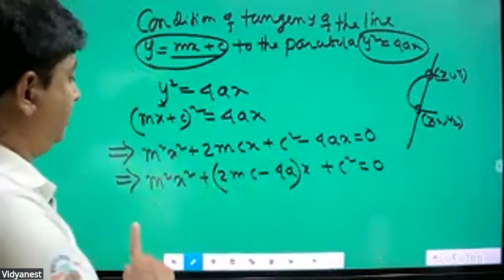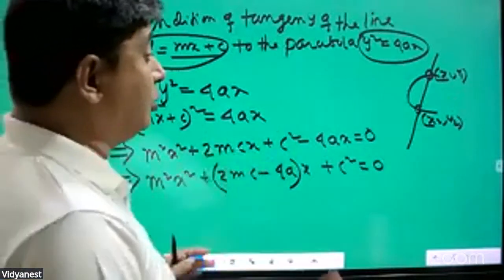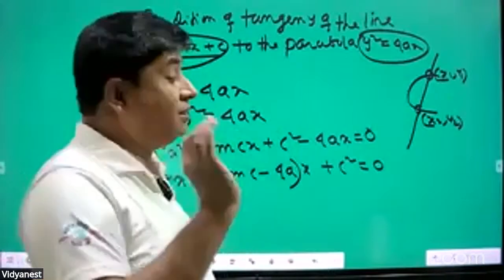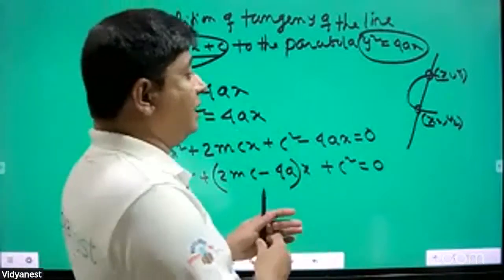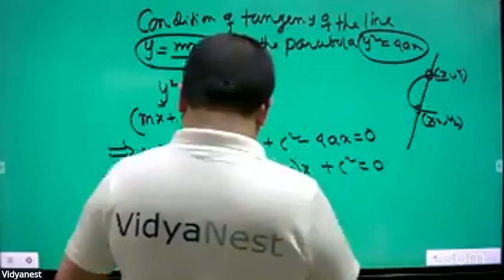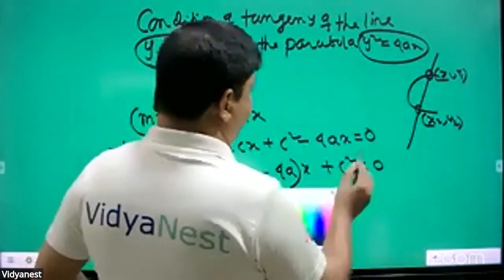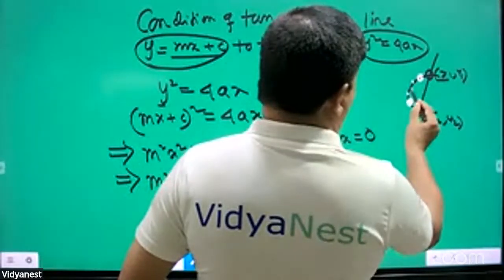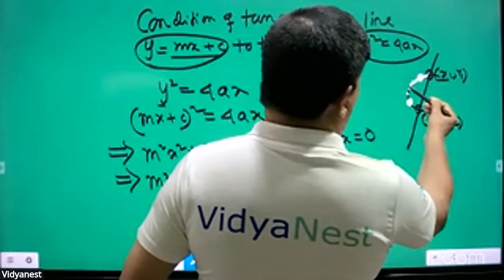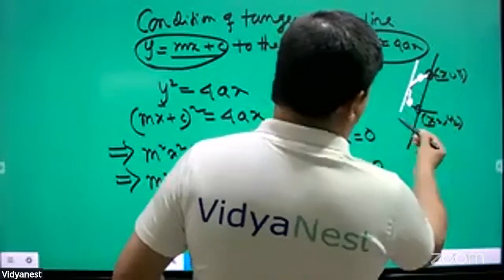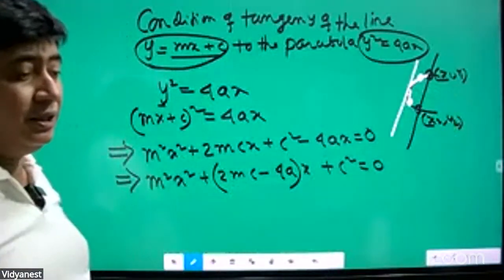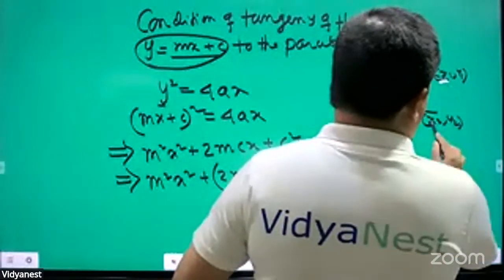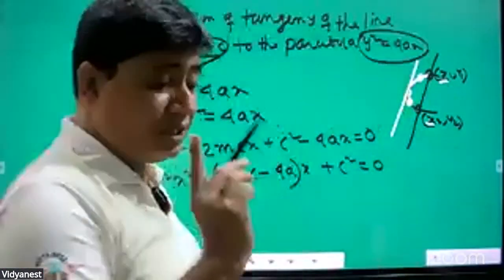Yes or no? And once you get 2 roots, then what concept will give you tangency knowledge? See, if these 2 points are approaching each other, suppose this point comes here, this point comes here. Once they fall on each other, chord will become tangent. That means 2 roots of quadratic will be same.